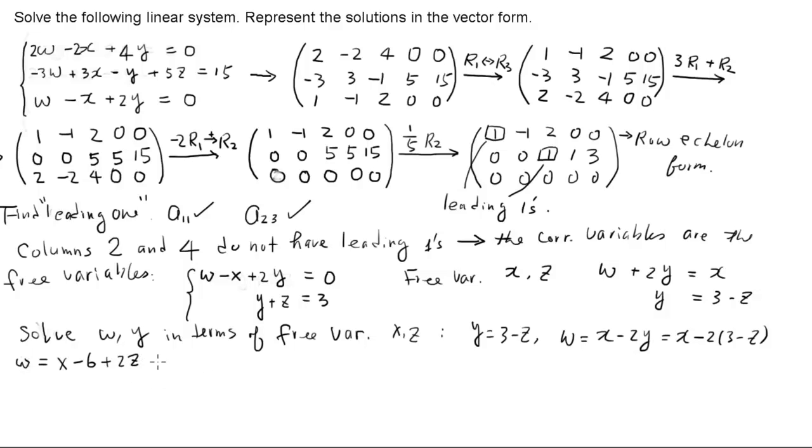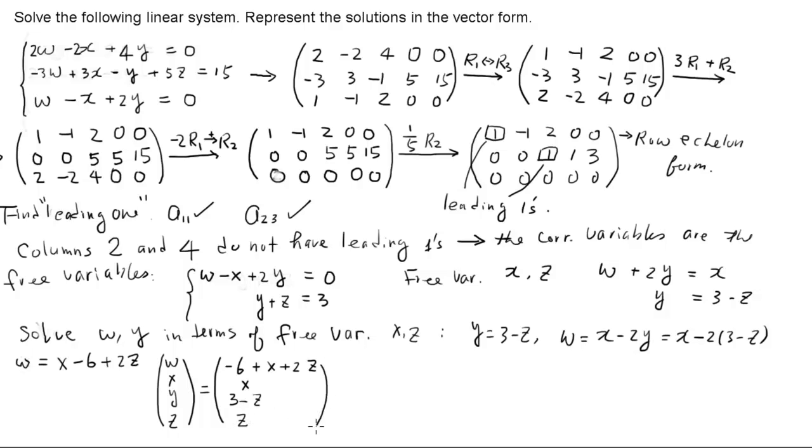Now we write down the vector form. We start from w, x, y, and z, and this is equal to, we look at w, that's going to be negative 6 plus x plus 2z. And then x is simply a free variable, so we just write down x. Then y is going to be 3 minus z, and the last one is simply z.